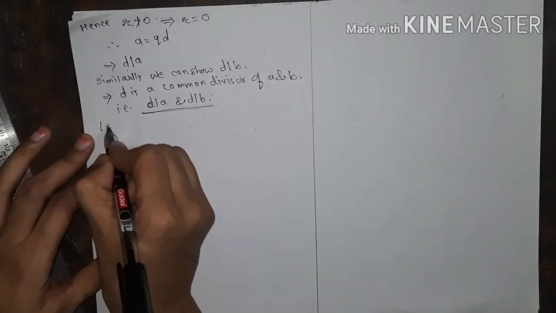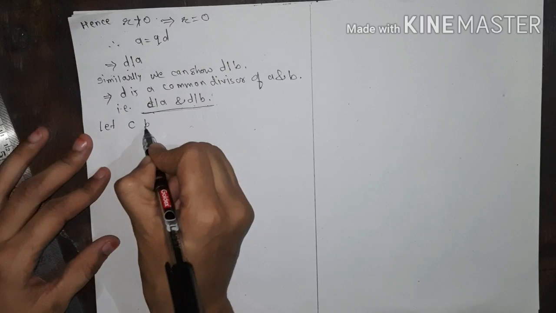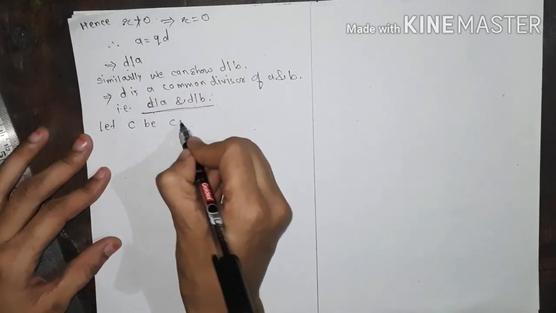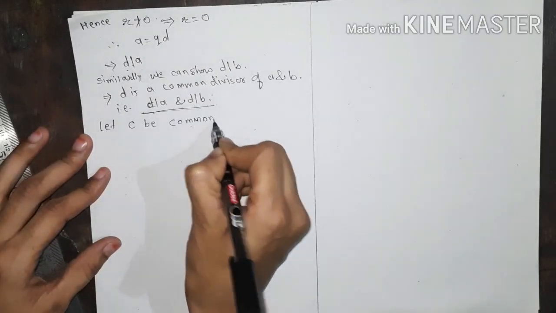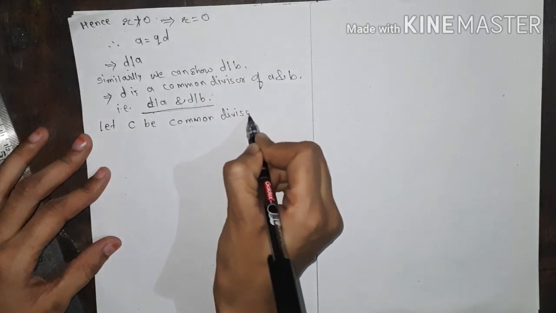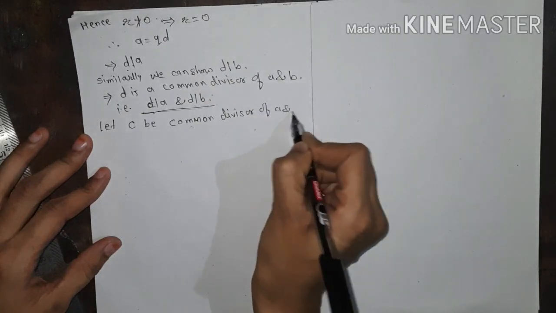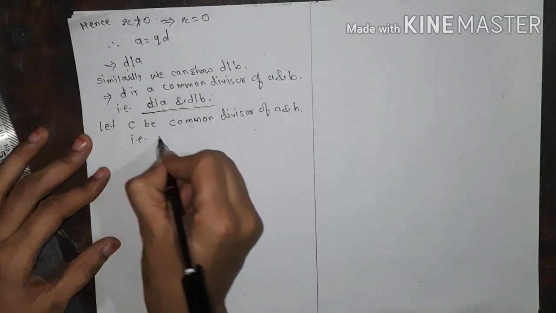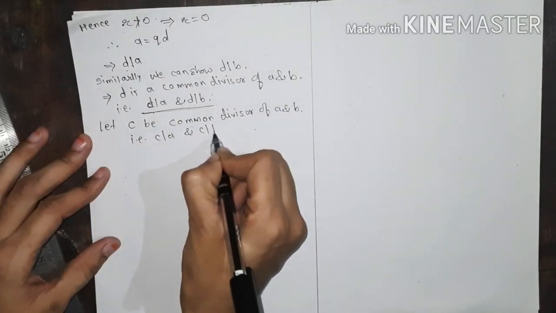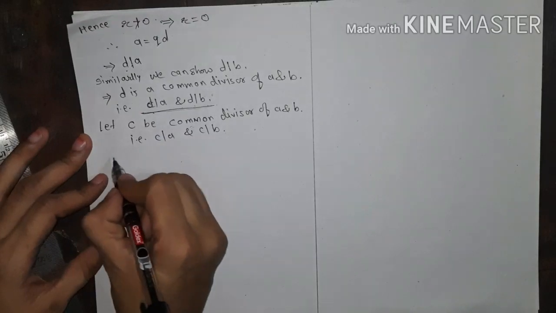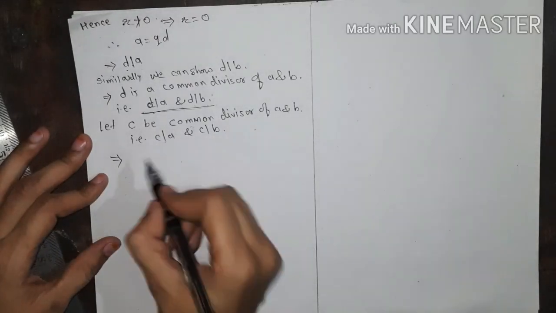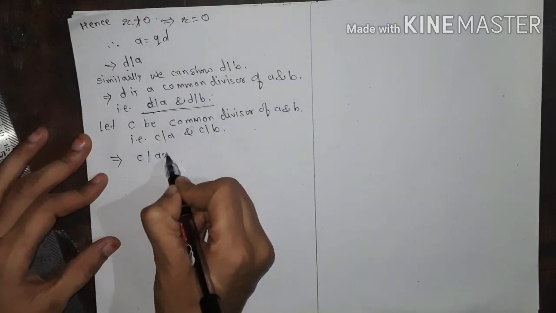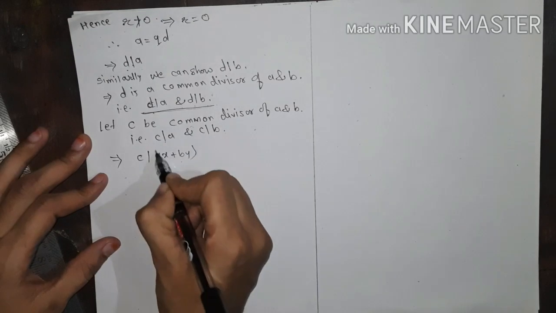Okay. Now we let c be any common divisor of a and b. That is, c divides a and c divides b. Therefore, from this we can write c divides ax plus by.